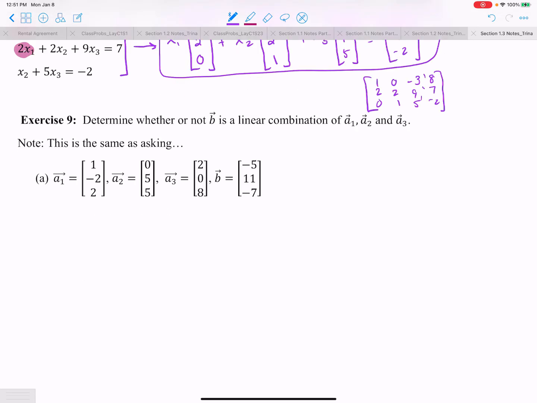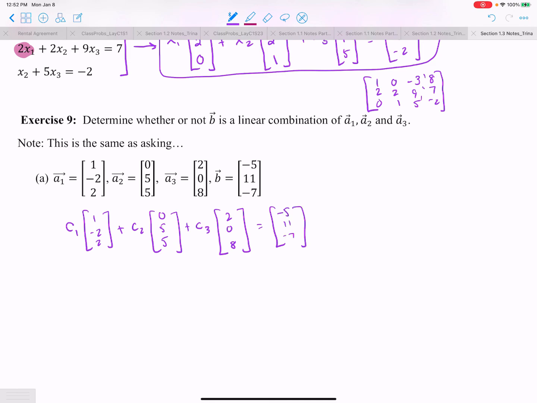This last example, we want to determine whether or not B is a linear combination of A1, A2, and A3. So just going back to the definition of linear combination: are there weights, we happen to call them C1, C2, C3, so that C1 times 1, negative 2, 2, plus C2 times 0, 5, 5, plus C3 times 2, 0, 8, equals negative 5, 11, negative 7.